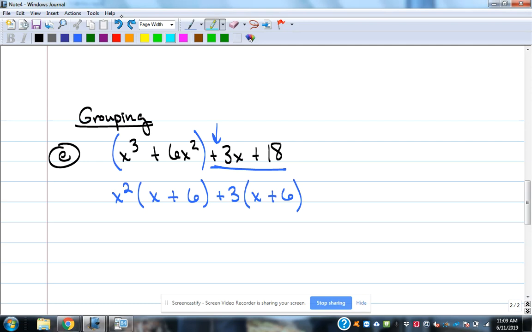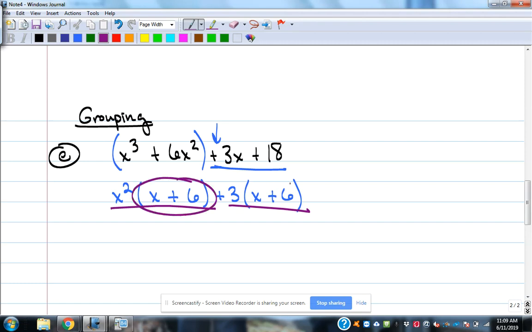Okay? So grouping has a couple of steps in it. What does this piece and this piece, if I think about them as 2 separate pieces, have in common? What do both of them have? They both got an x plus 6.